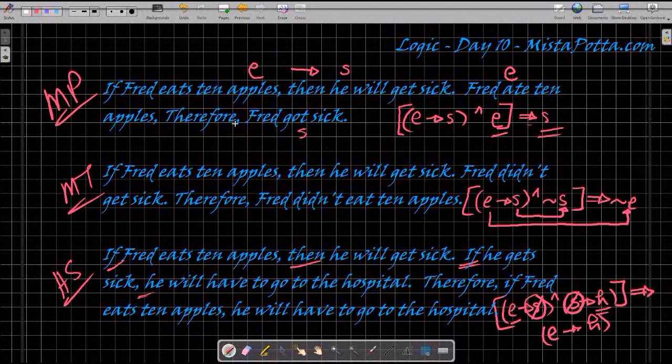We'll talk more about this in our later lectures. For now, though, students really need to know these modus ponens, modus tollens, hypothetical syllogisms for the next couple of lessons. It's essential that those terms be memorized.